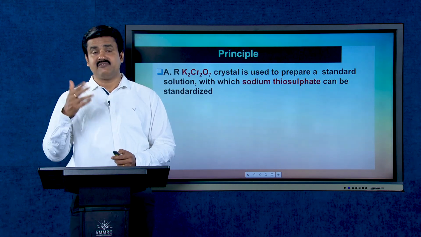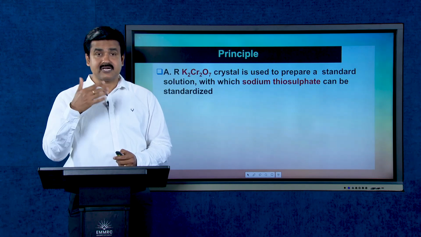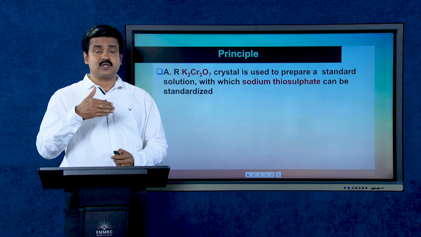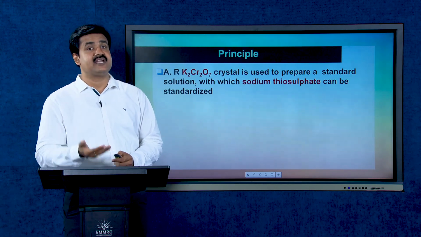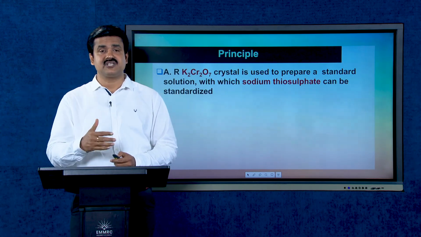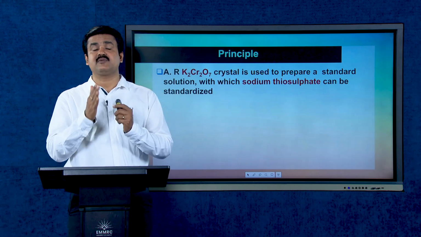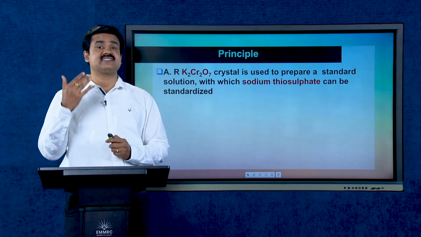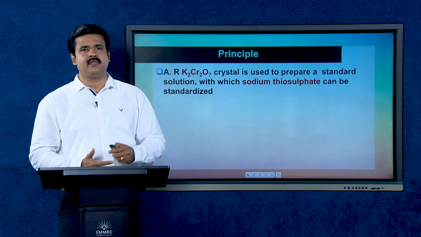So, in order to evaluate its exact concentration, we require a standard solution of potassium dichromate. It is possible with the potassium dichromate crystals because it is a primary standard. You can weigh it out accurately and prepare it into a standard solution. By utilizing that potassium dichromate standard solution, you can standardize the given sodium thiosulfate for its exact concentration.